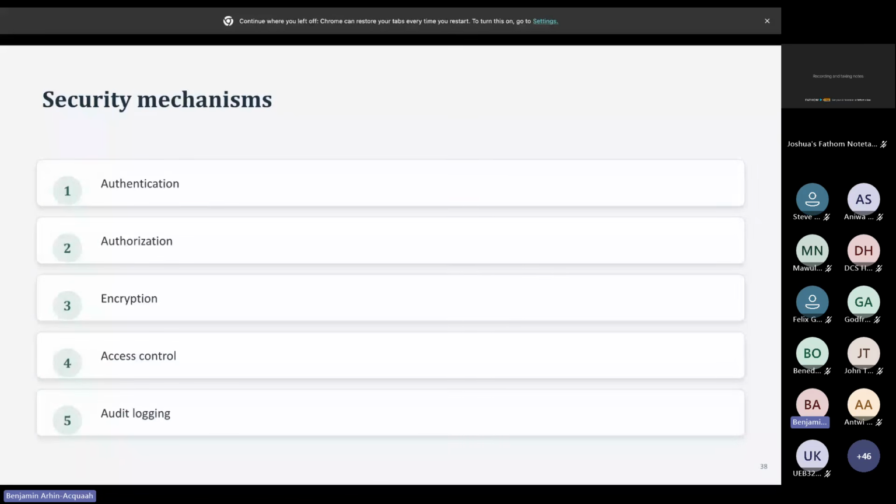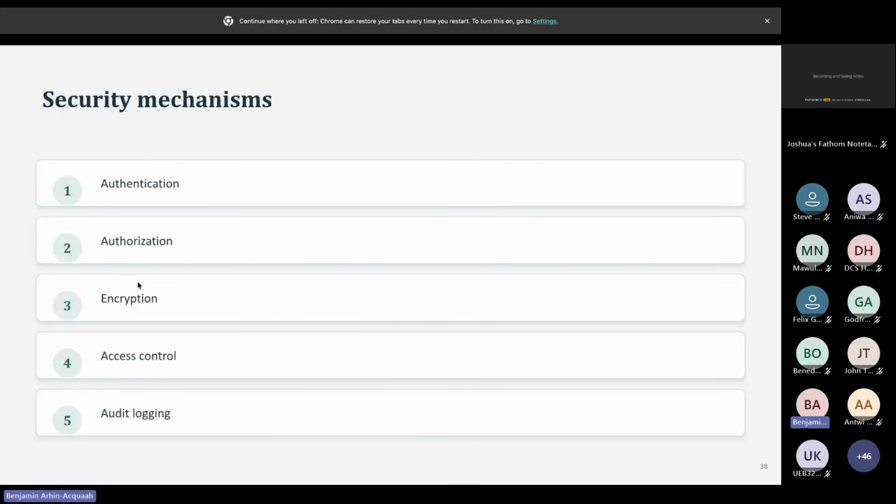Very standard ones that every application that collects some sort of data from people should have, because you need to ensure that data is protected and not falling in the hands of bad actors. So the first thing is authentication, right? Then we have authorization, encryption, access control, and audit logging.